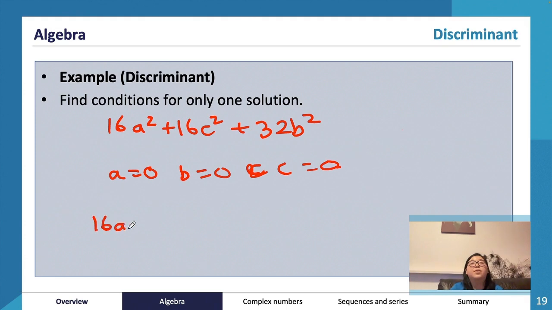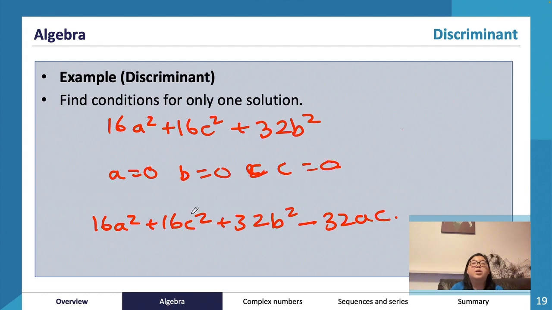Alternatively, if we follow the old one, we had 16c squared plus 32b squared minus 32ac. All of these, by any number, if they are not 0, are always going to be greater than 0, right? So this is going to be the positive component, and this is going to be the negative component.